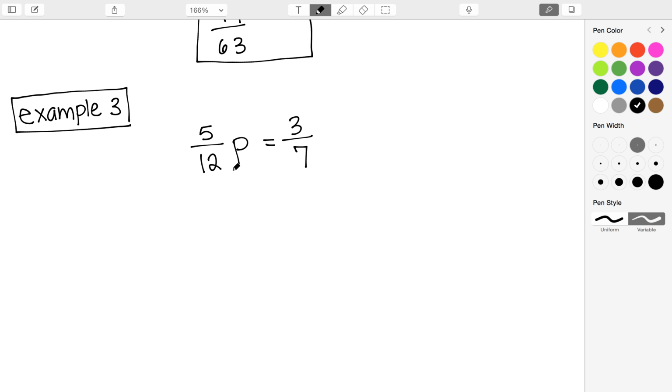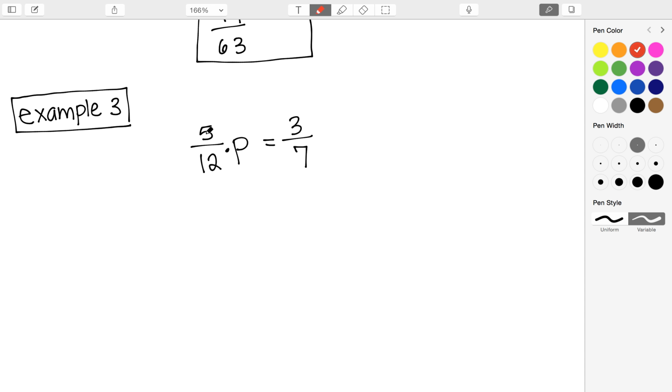Okay, so I find that my variable this time is on the left-hand side. That's totally fine. I have 5/12, then there's a p directly next to it, and I can notice that there are no operations in between there. There's no addition, no subtraction, so I know I automatically can put a multiplication sign there.